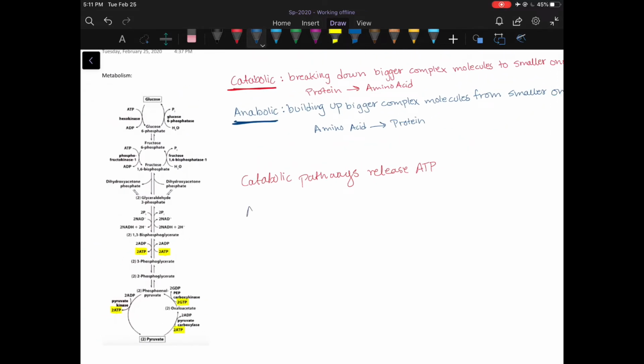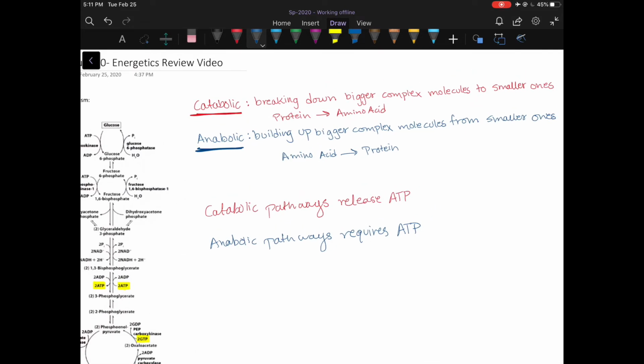So anabolic requires ATP. Just as if we're going from a protein down to an amino acid, it would release ATP. And if we're going from an amino acid to a protein, it would require ATP.